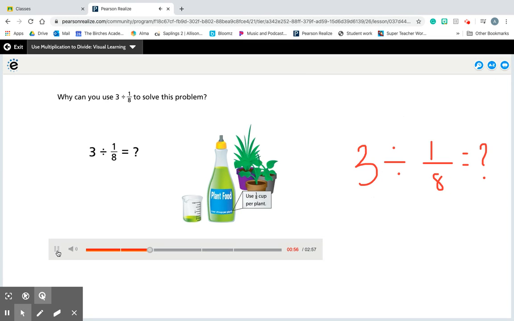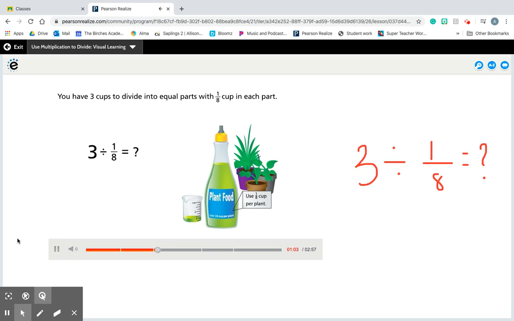Why can you use 3 divided by 1/8 to solve this problem? So again, we know that this whole bottle right here has 3 cups in it, and we know that each plant is going to take 1/8 of a cup, so I could split this 3 wholes into 8, and that would tell me how many plants I can feed.